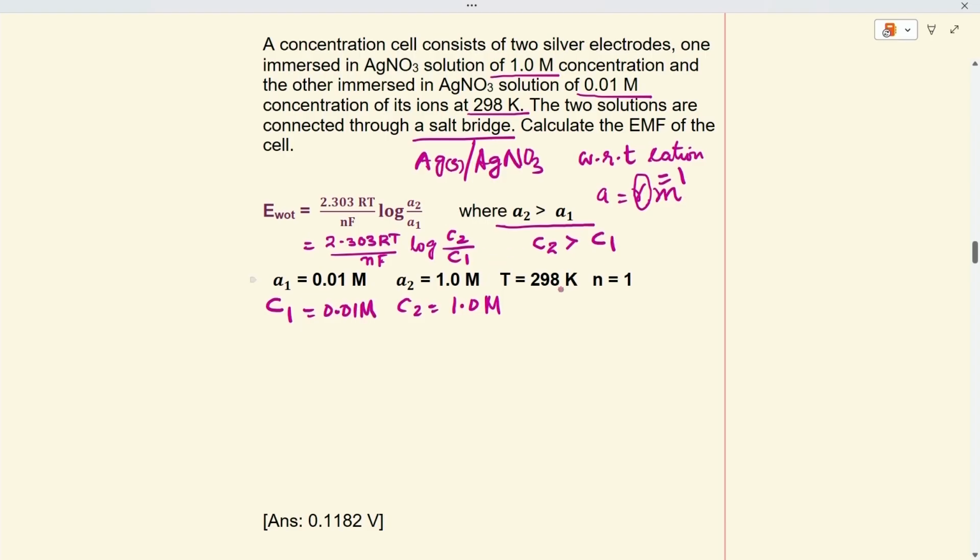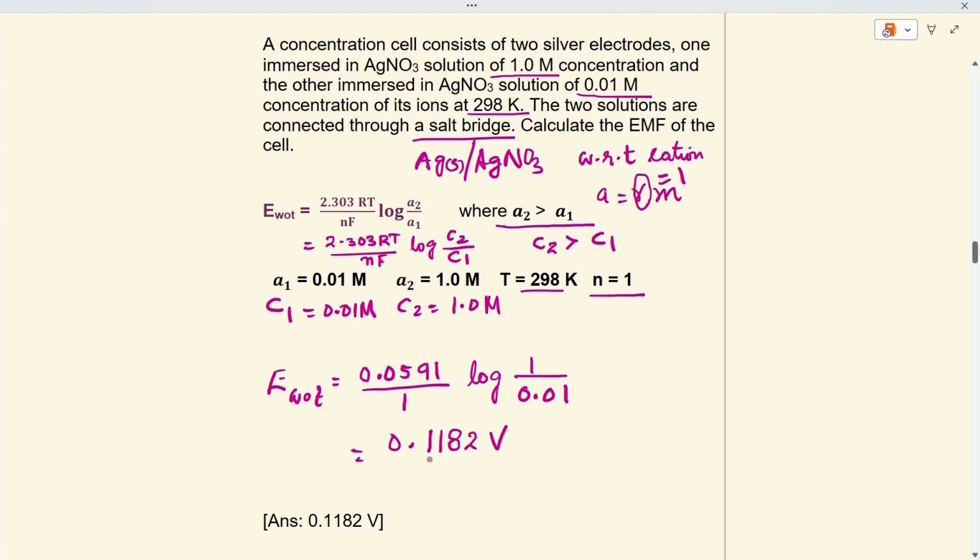Hope it is clear. Temperature is 298 Kelvin, and we know that silver on oxidation and reduction, the number of electrons will be 1. So, N is equal to 1, and now substituting for E without transference, since the temperature is 298, I can put it as 0.0591 divided by N, that is 1, log C2 by C1, that is 1 by 0.01, and on solving you will get the answer as 0.1182 volts.